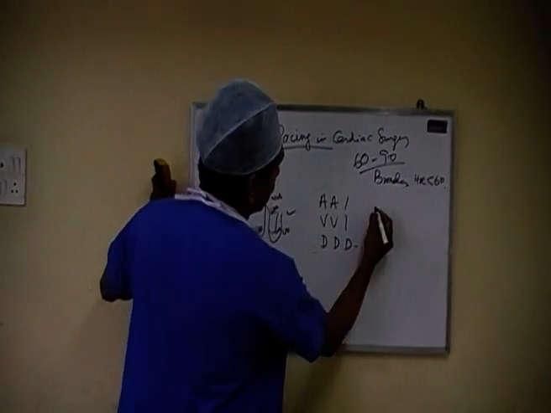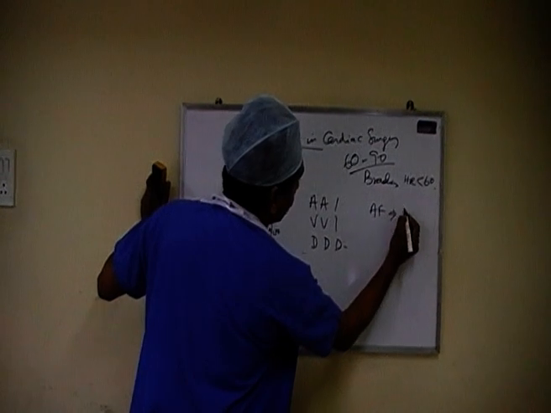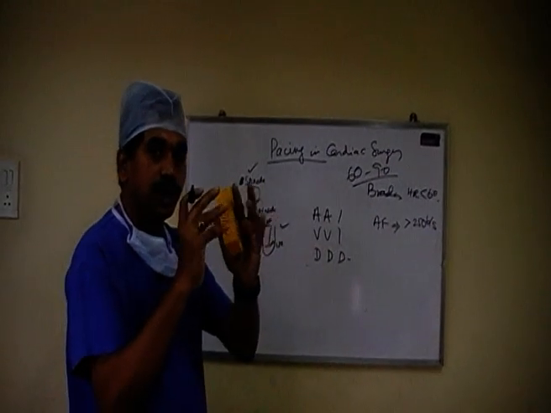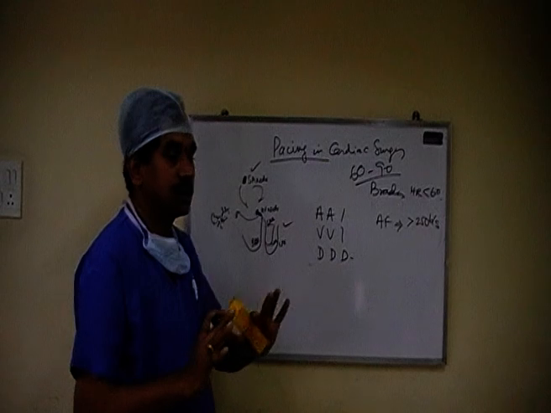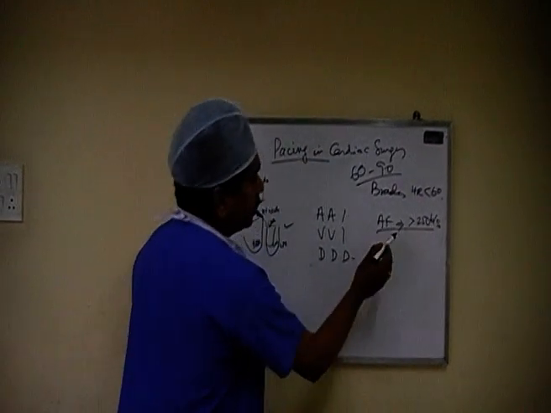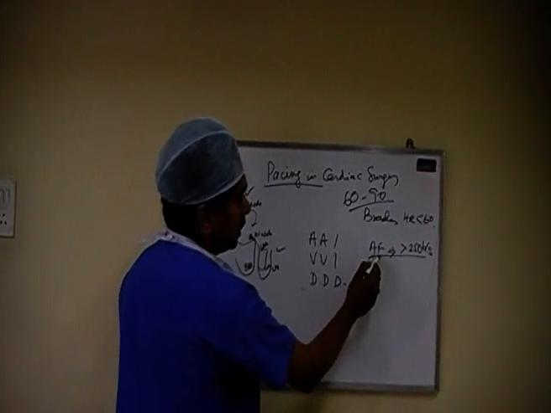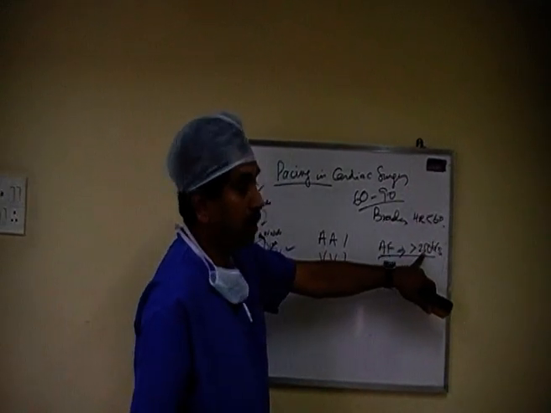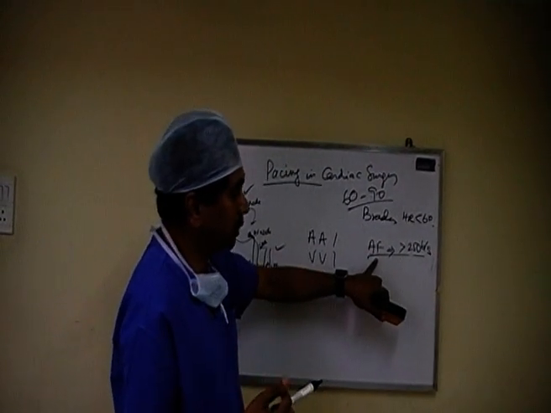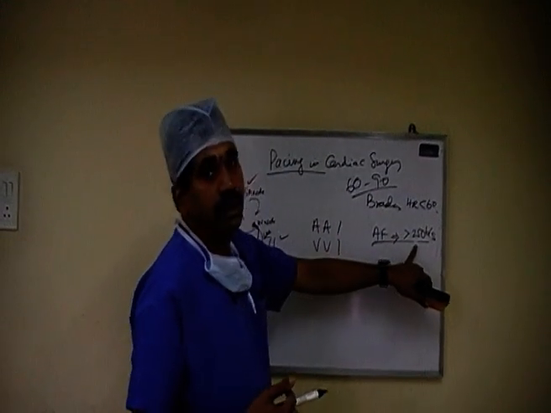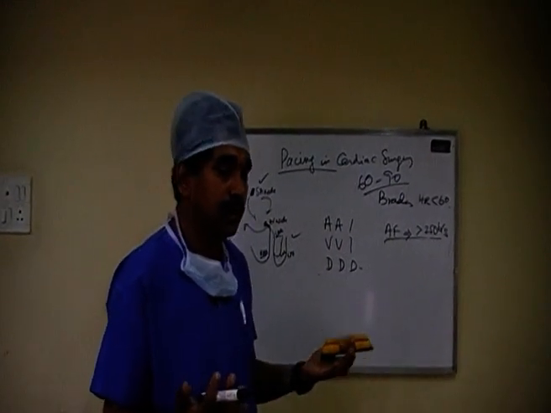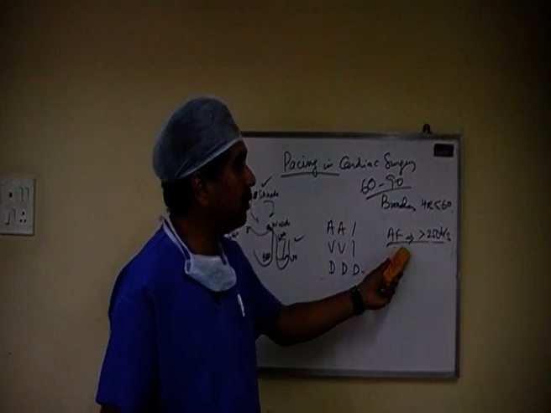The atria are fibrillating at rates of more than 250 beats per minute, basically each muscle fiber is beating on its own, in complete dyssynchrony. In atrial fibrillation and atrial flutter, unless you stimulate the atria at rates more than 250, you will not be able to overcome the rate of the atrium, so there is no point in pacing the atria, because at 250 beats per minute, if the ventricles also fibrillate at that time, there will be no BP at all. So there is no point in pacing the atrium.